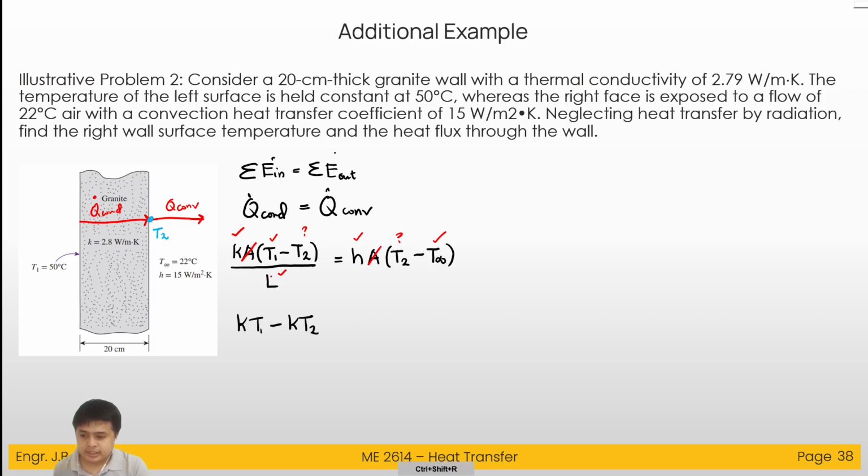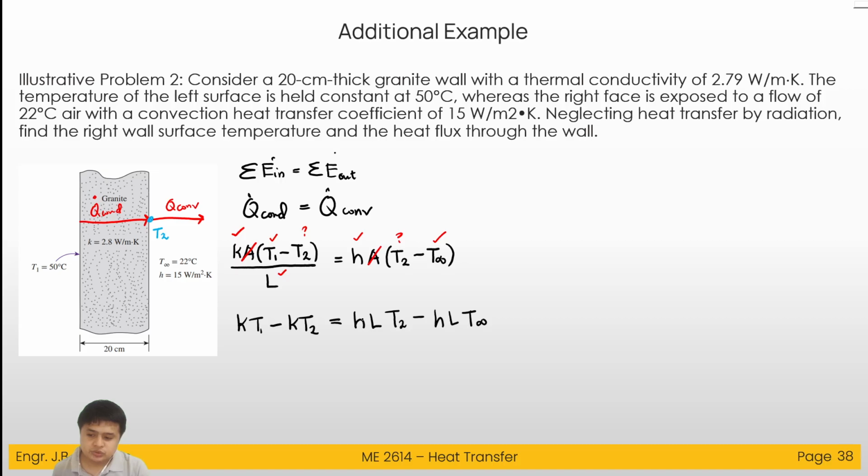Okay. And then the L here could be cross multiplied to the other side. So it's equal to hL, right? And then you can multiply this hL to each of these, so this will be hL T2 minus hL T infinity.